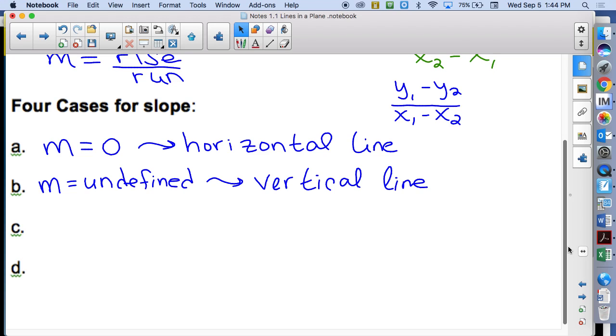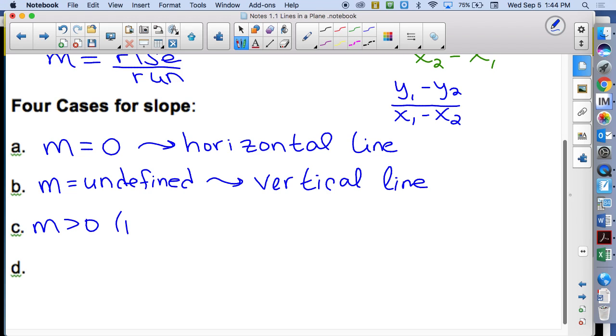Positive, yeah. So if the slope is positive, we say mathematically that means it's bigger than 0, but you can think of it as being positive. What kind of line would you have then, Eris? How does the line move if it's positive? Left to right. What happens from left to right?